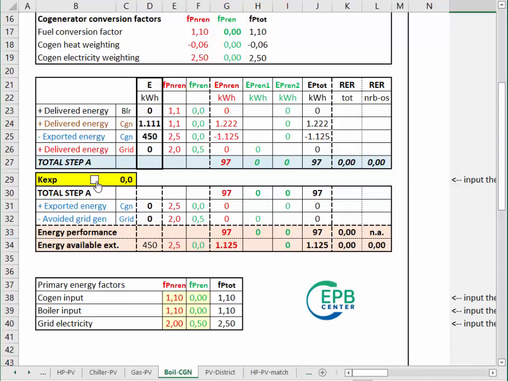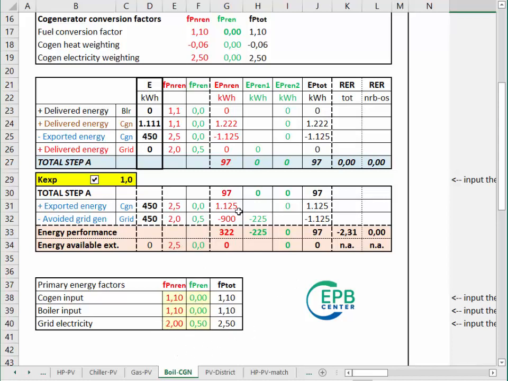If we set K exported equal 1, then the energy performance is worse in terms of non-renewable primary energy. It rises from 97 to 322, and even negative for non-renewable primary energy. This is happening because the cogenerator is not using renewable energy, whilst the grid electricity had some content of renewable energy indeed.